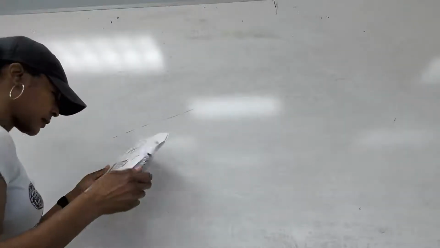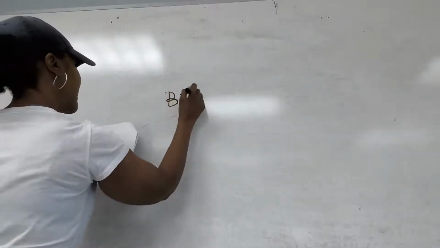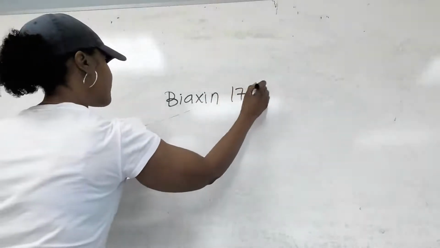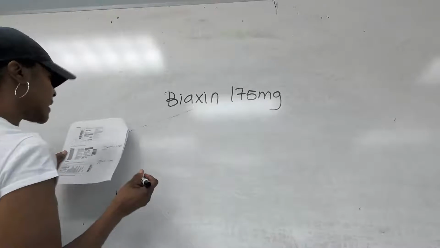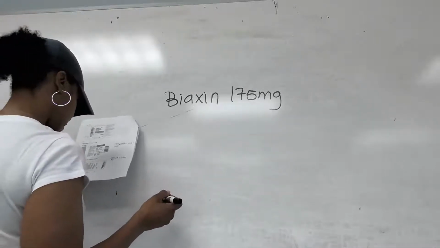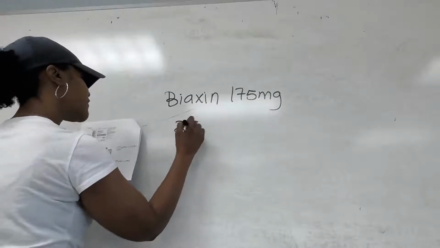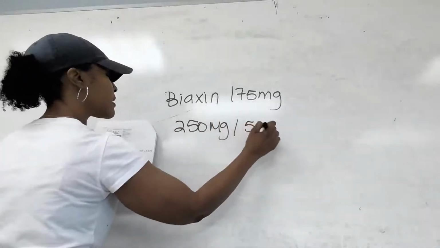Okay, number 22. The order is for Viaxin, 175 milligrams. What we have on the label is Viaxin oral suspension, and it reads 250 milligrams per 5 milliliters.